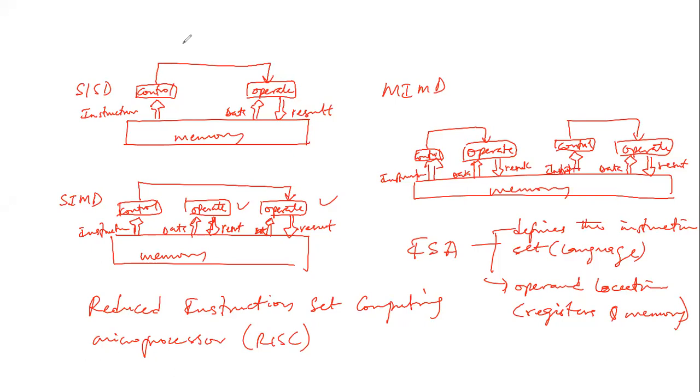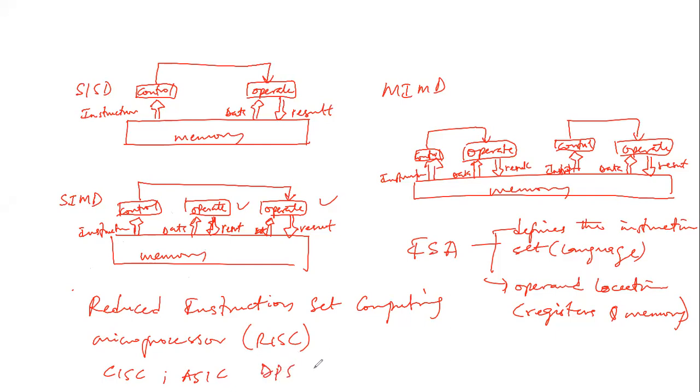Okay, now we also have other types of processors, microprocessors. We have other types: the complex instruction set computing, the CISC. We have the application-specific integrated circuit, that's ASIC. Then we also have the DSPs, digital signal processing.